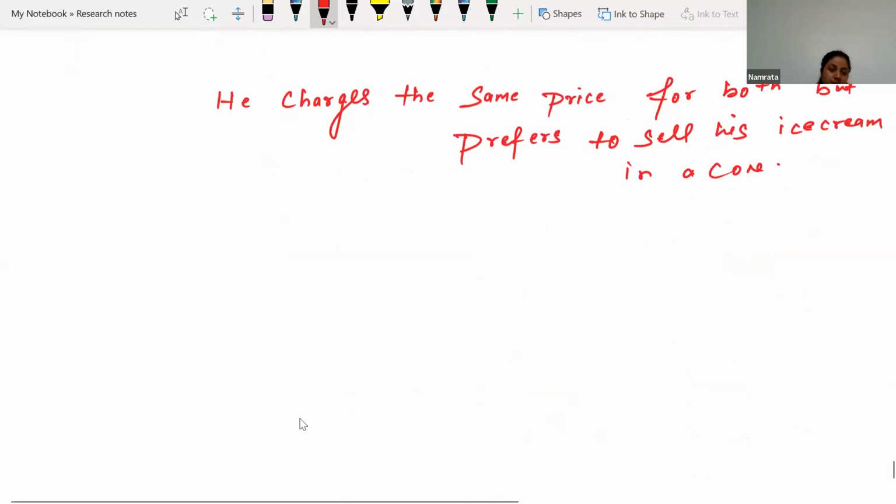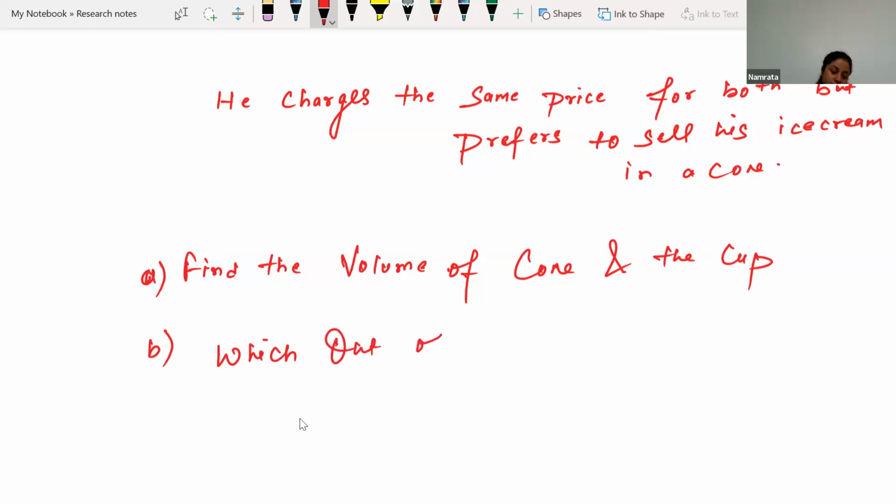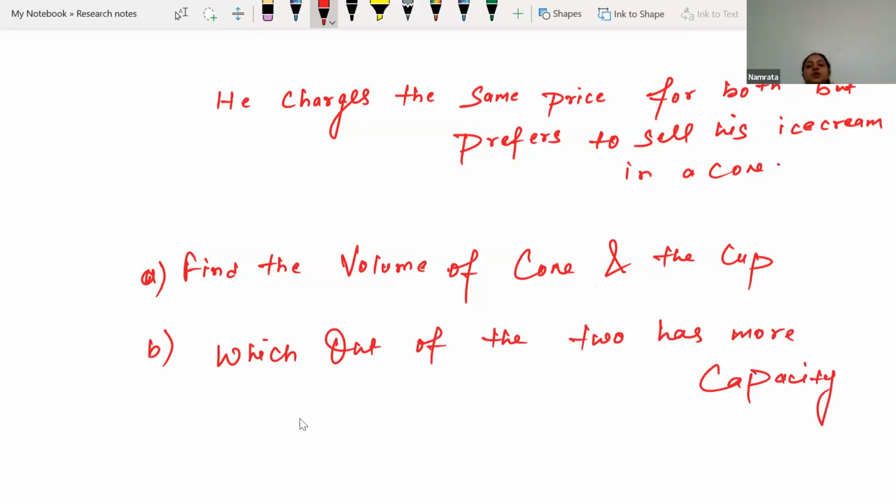Find the volume of the cone and the cup, which out of the two has more capacity. Read it and tell me whether this question is tricky one or very simple question.